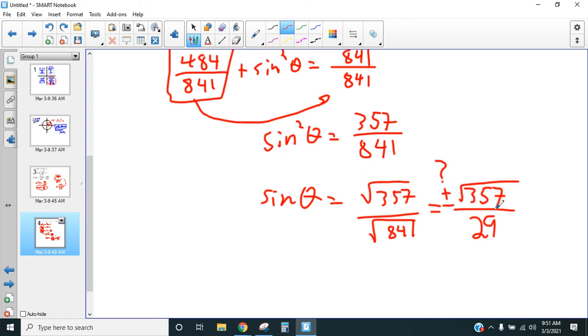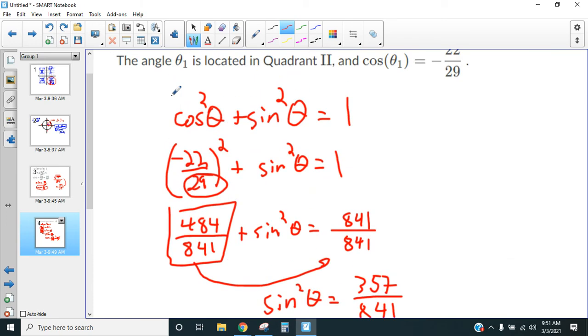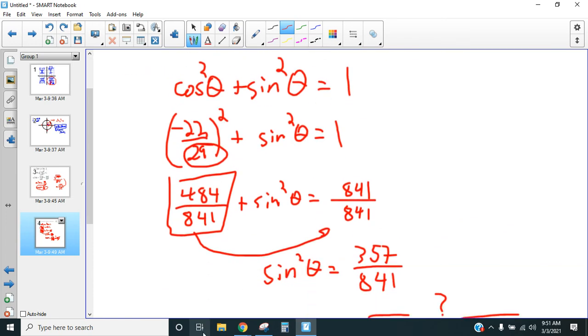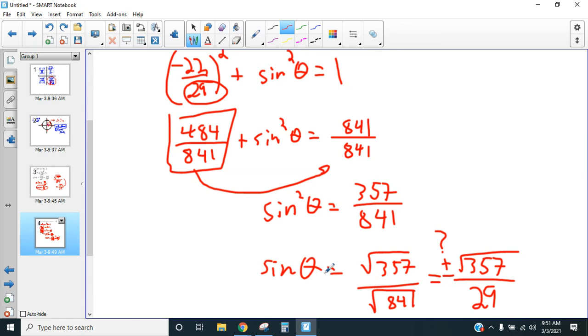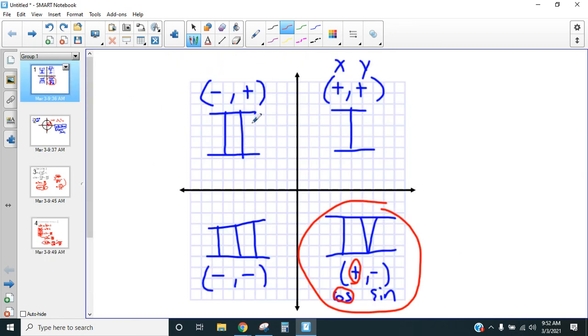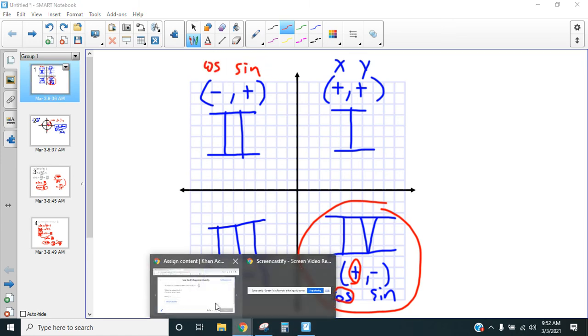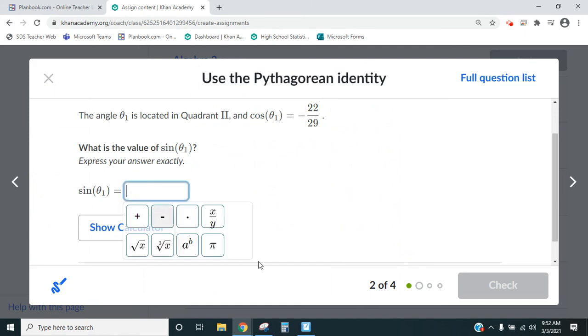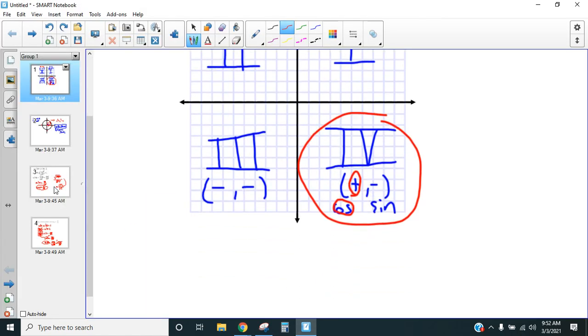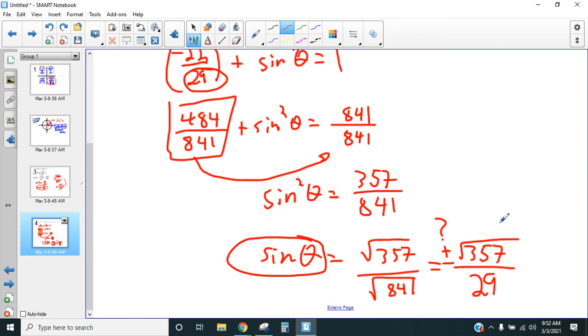Which one? What quadrant is it in? Quadrant 2, and we're looking for the sine. Quadrant 2. All right, this is cosine. This is sine. So the sine is positive. Awesome. So we're going to go with positive messy fraction, whatever it was, right?